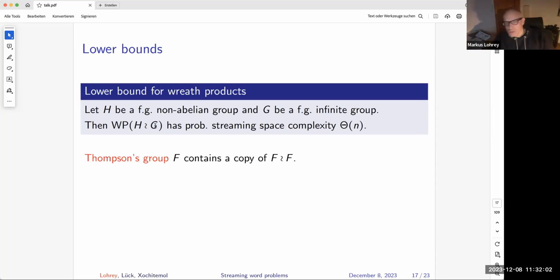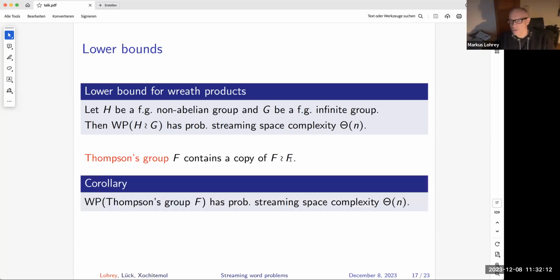A nice application is Thompson's group F, because it's known it contains a copy of the direct product of F with itself. And since F is non-abelian, it follows that the word problem for Thompson's group F has probabilistic streaming space complexity theta of n, so linear.